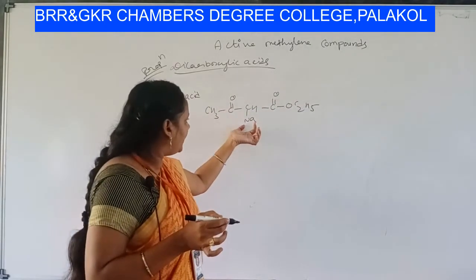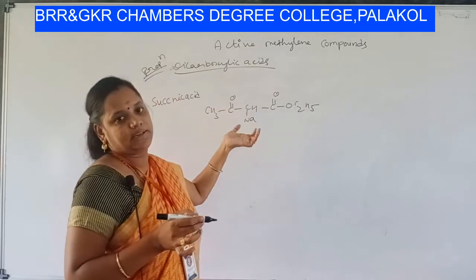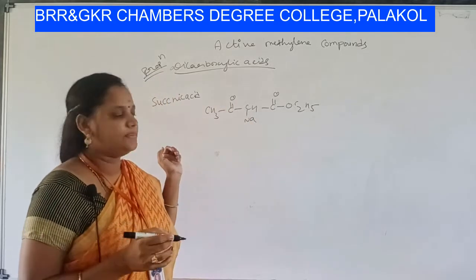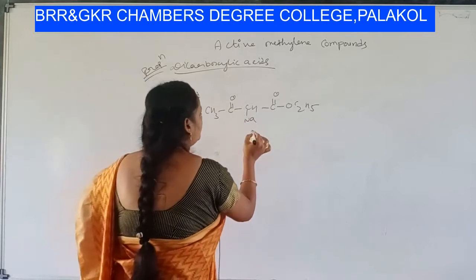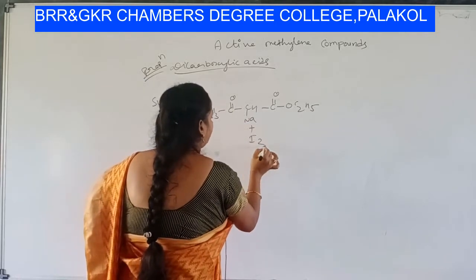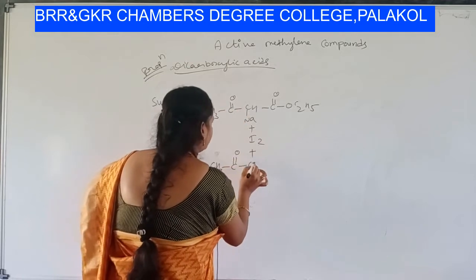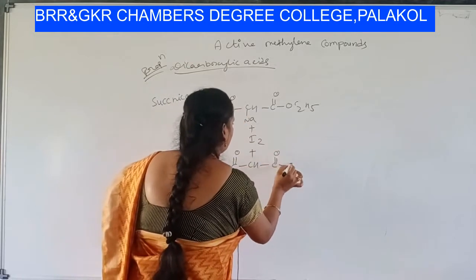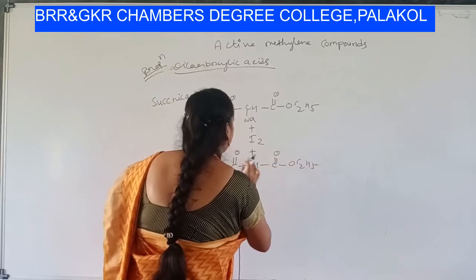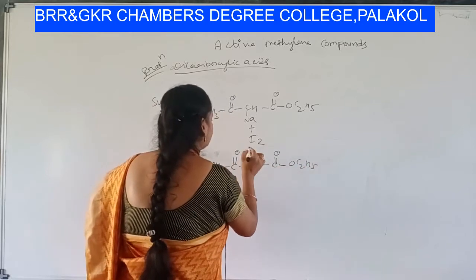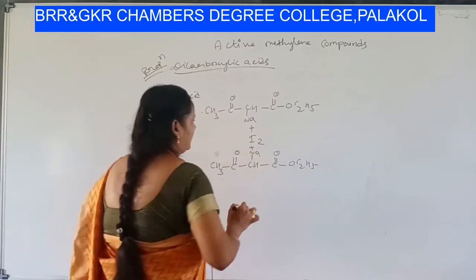It will be obtained by treating ethyl acetoacetate with sodium ethoxide. It's very simple. So you have to take 2 moles and treat with iodine. CH3, C double bond O, CH, C double bond O, OC2H5. You have to take 2 moles and add sodium to that.